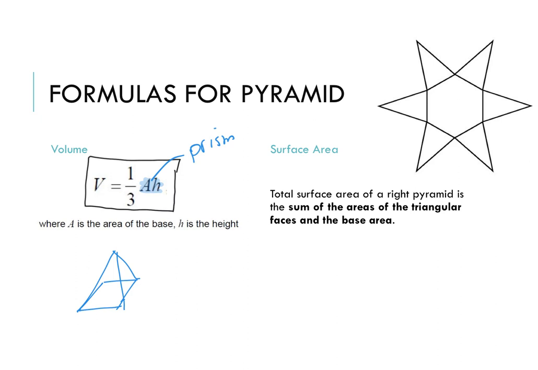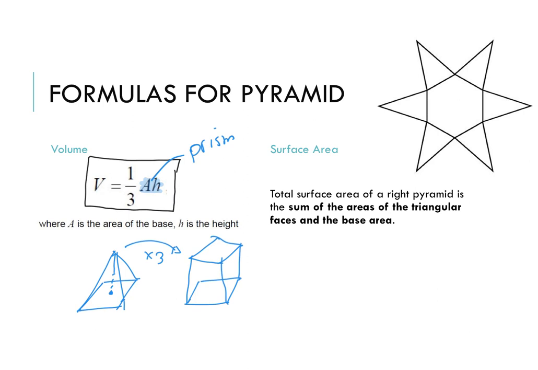Well, this pyramid, if I fill it up with water and I try and dump it into a prism that has the exact same base and the exact same height, ooh, there we go. You're going to see that I can actually do this 3 times. And I encourage you to look at a video and see this happen or try it yourself.